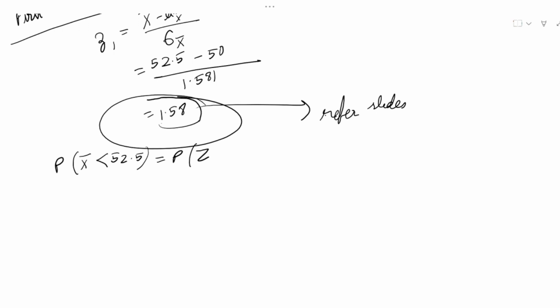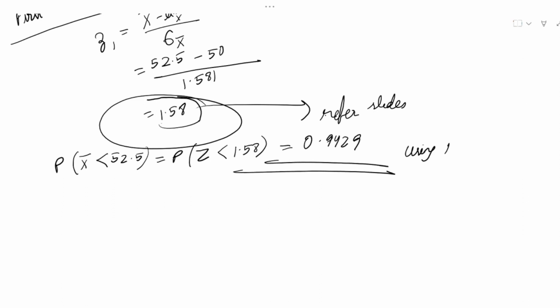Here, for z less than 1.58, the probability comes around 0.9429 using the data given.